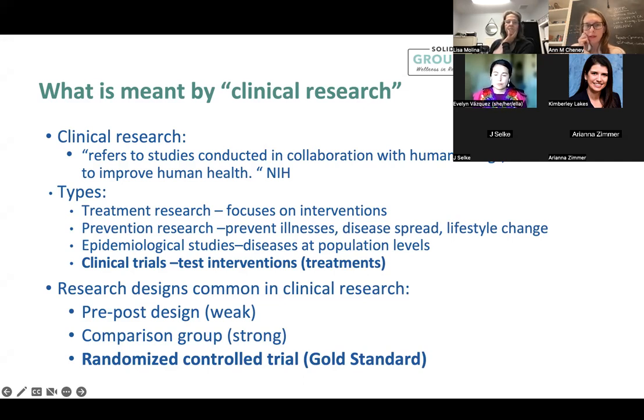In a pre- and post-test design, you would be comparing individuals' responses at the beginning and the end of an intervention, for example. You wouldn't necessarily be comparing it to another group unless you had a comparison group. So that's where we can begin to understand if an intervention is good, if it really is having an effect on health outcomes, if we can compare between groups. And then there's the gold standard, which is a randomized controlled trial.